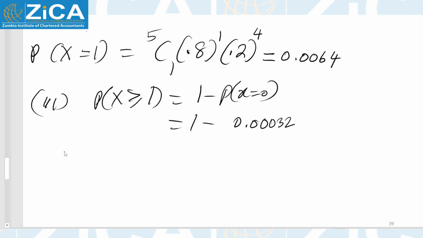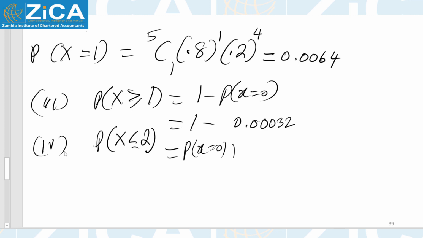In 4, at most 2. At most means less than or equal to 2. So you are looking at probability of x equal to 0 plus probability of x equal to 1 plus probability of x equal to 2. Here we have probability of x equal to 0, which was 0.00032.